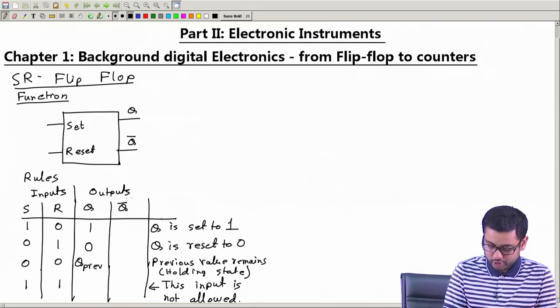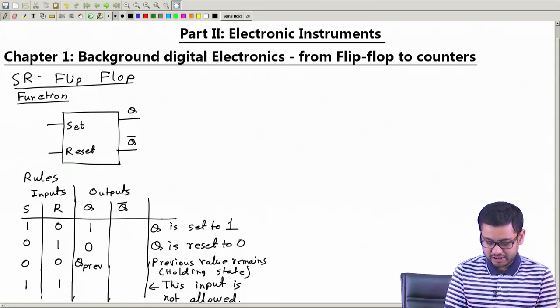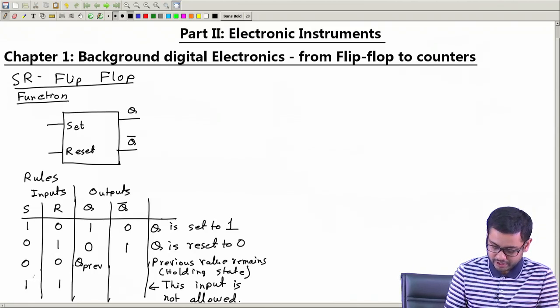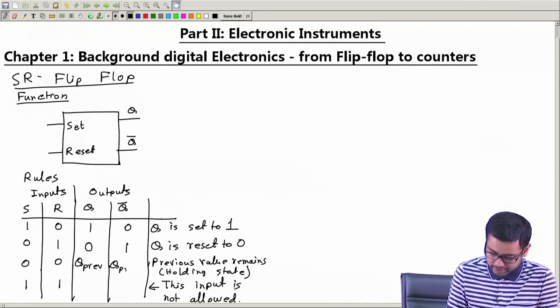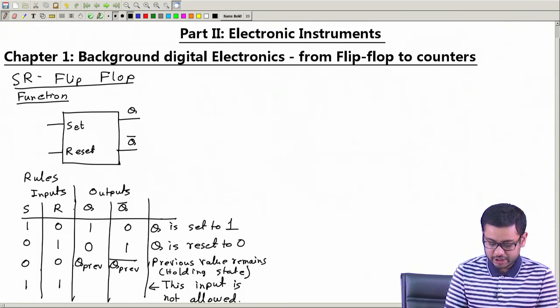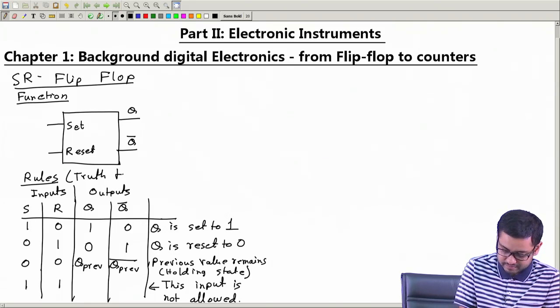And what about Q bar? This bar is the symbol for complement or negation. So Q bar will always be opposite to Q. If Q is 1, it will be 0. If Q is 0, it will be 1. So this will be Q previous bar. This is the input output rule, or we call it the truth table.